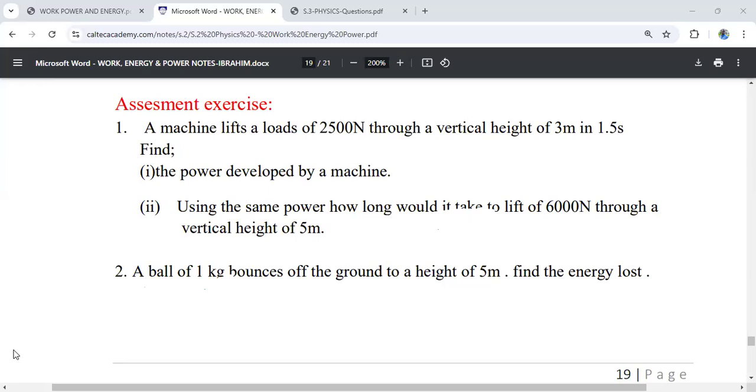Number 1, Roman 1 and Roman 2, we are calculating power.